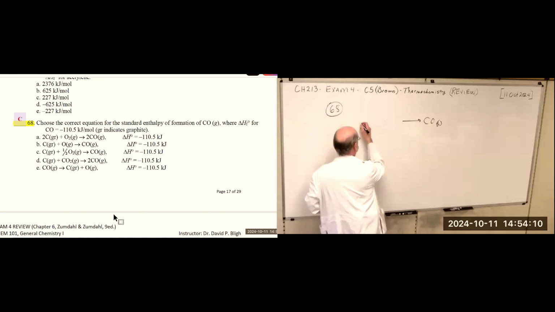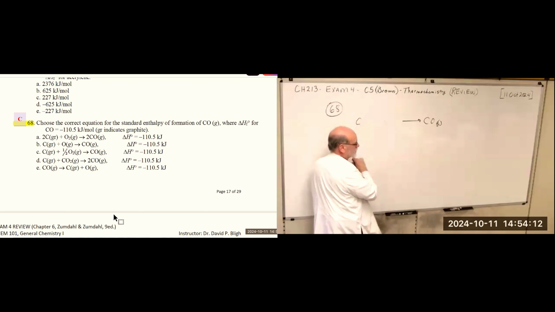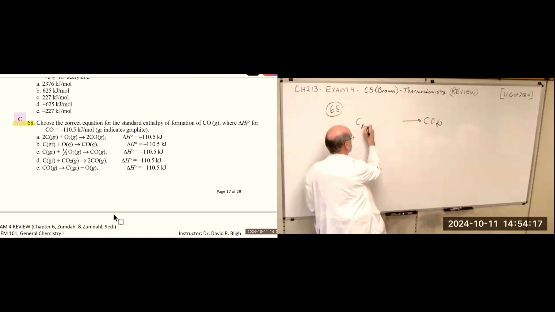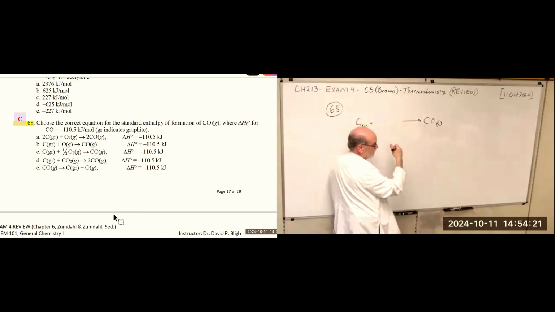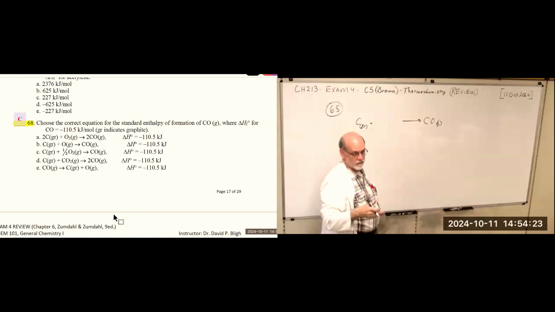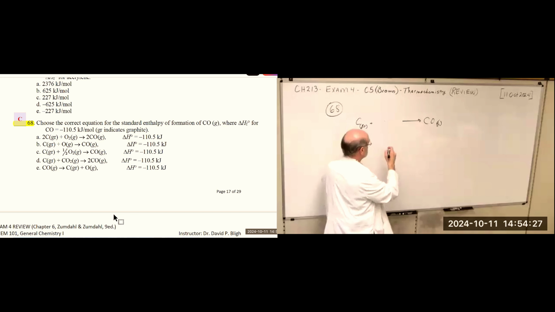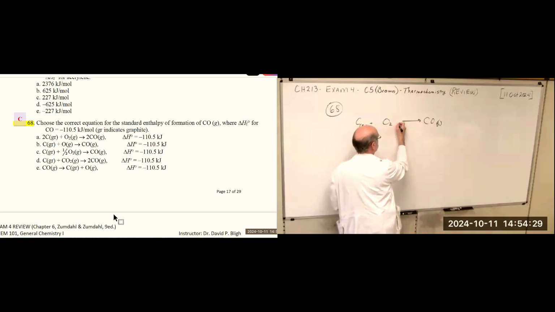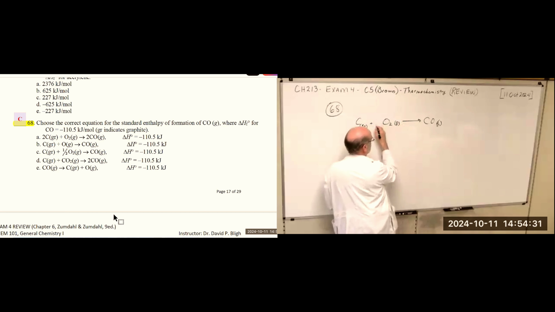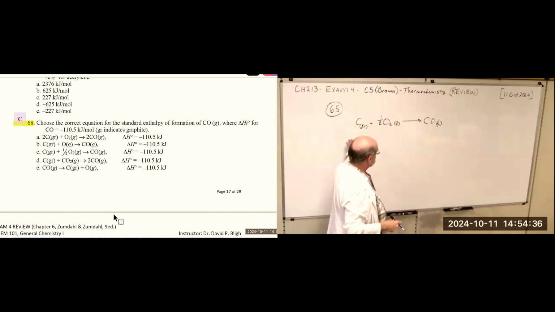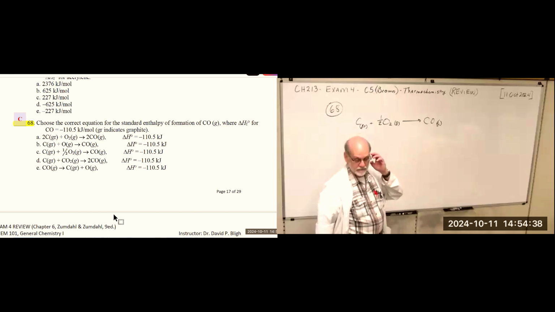So we need carbon. Carbon's most stable form at room temperature and pressure is graphite. Right? We got 1 mole here, 1 mole there. We're good. Oxygen, however, is most stable at room temperature and pressure as O2. Right? It's one of our diatomic elements. So we need half of that one. That's the equation for the standard heat of formation.